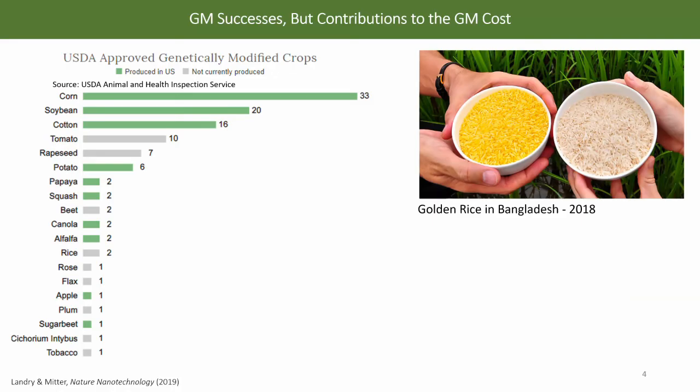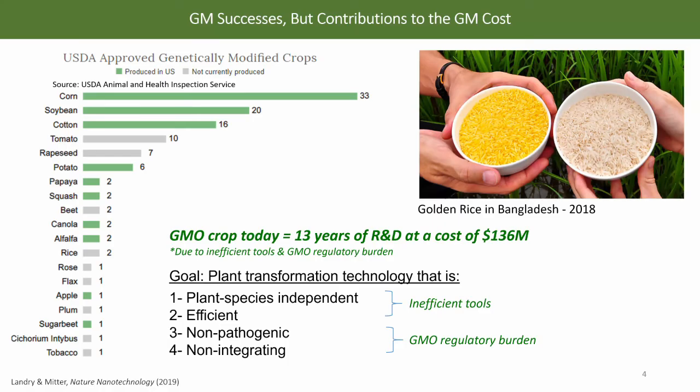The United States is one of the global leaders in the production of GM crops, which are listed here. And a nice international example that I like to give is the development of golden rice, in which the gene pathway for the production of vitamin A was synthetically, genetically reconstituted into rice, so that this essential vitamin could be endogenous to a transgenic strain and then disseminated to communities for which this vitamin was found to be deficient.